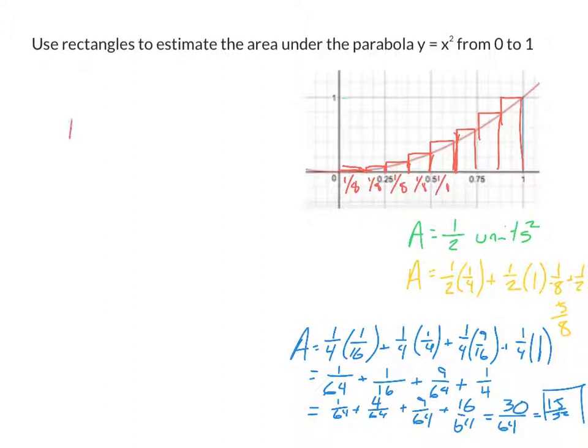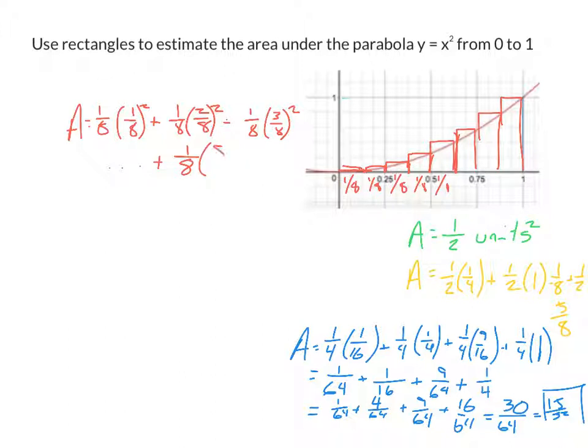And so I'll go over here with my red this time. My leftmost rectangle is 1/8 by 1/8 squared, plus the next one is 1/8 by 2/8 squared, then 1/8 by 3/8 squared, and so on until I've added on 1/8 times 8/8 squared.